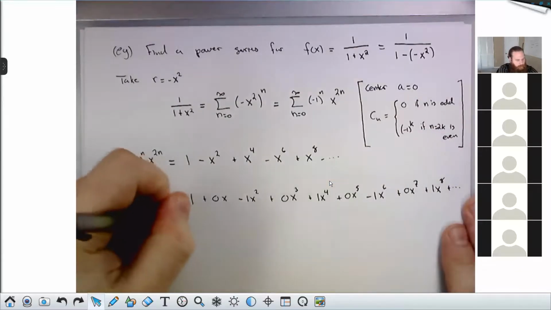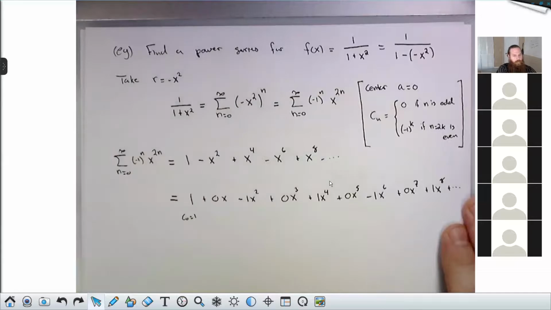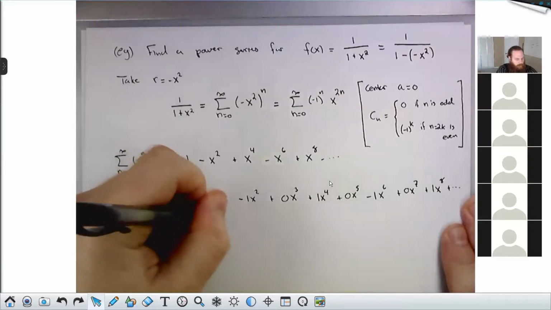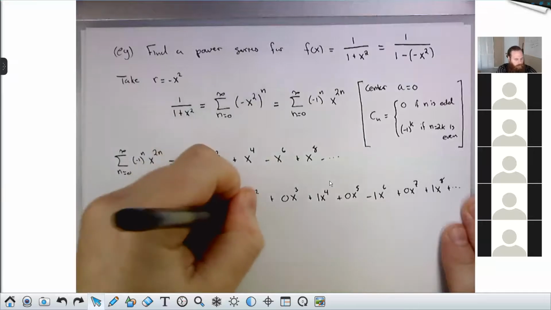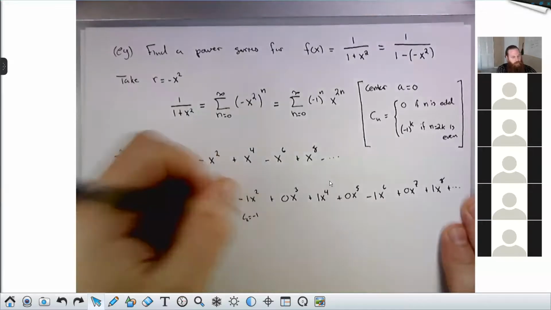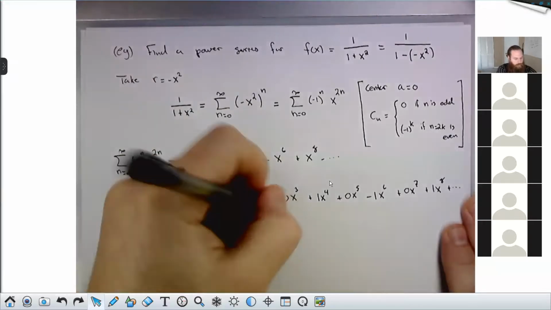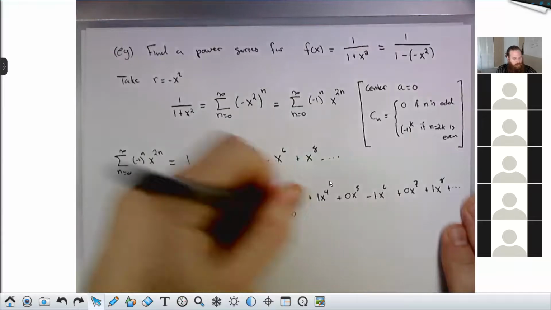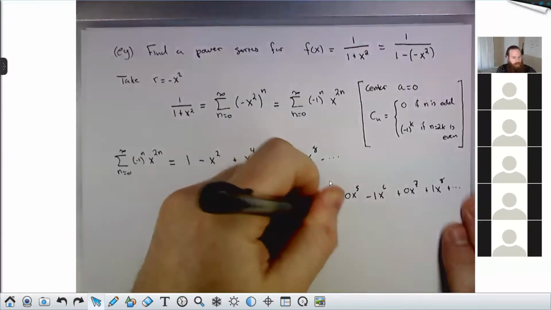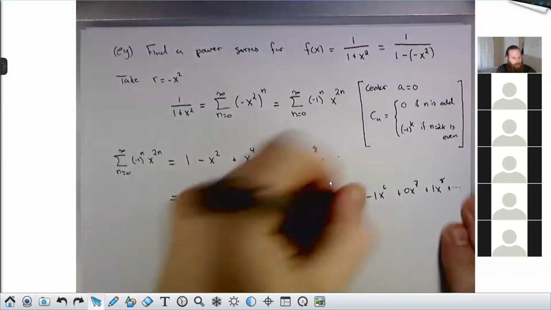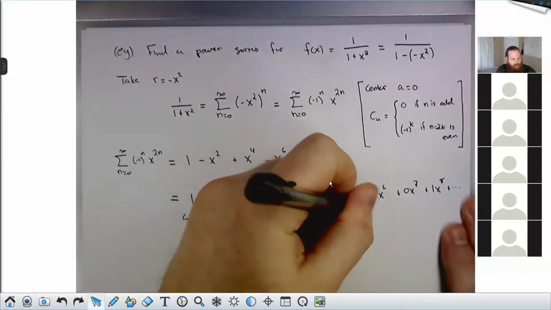So C0 is 1. C1 is 0. C2 is negative 1. C3 is 0. C4 is positive 1. C5 is 0.